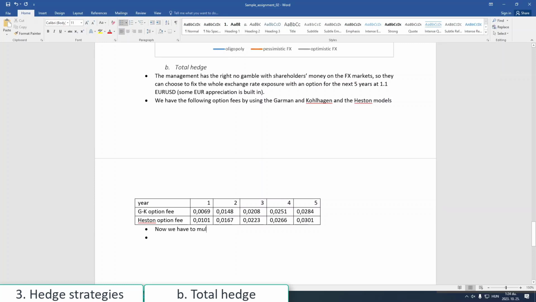Okay, so now to multiply the exposure of each year with the option fee to have the options in each year.